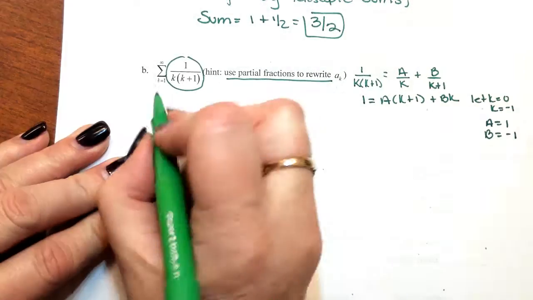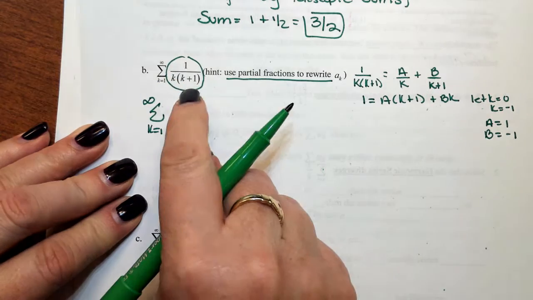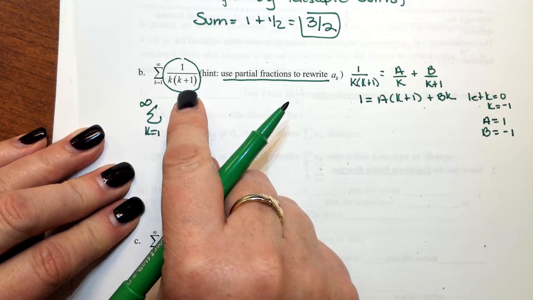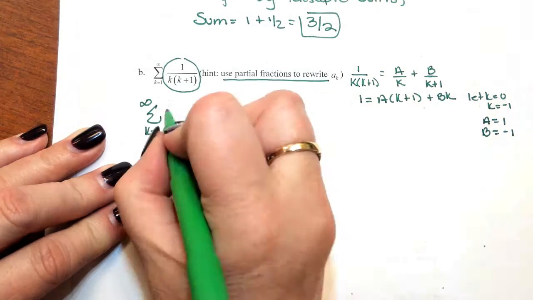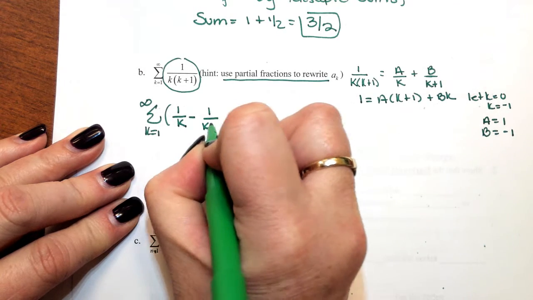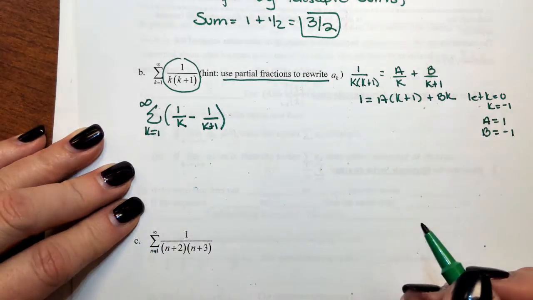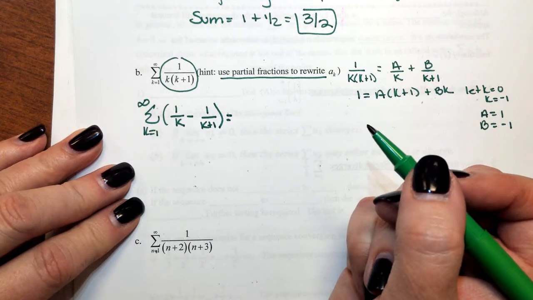So now I can rewrite my series as k is equal to 1 to infinity. Instead of writing it as one larger fraction, I can break this up into my two smaller fractions. So 1 over k minus 1 over k plus 1. So now I can write out my first few terms.